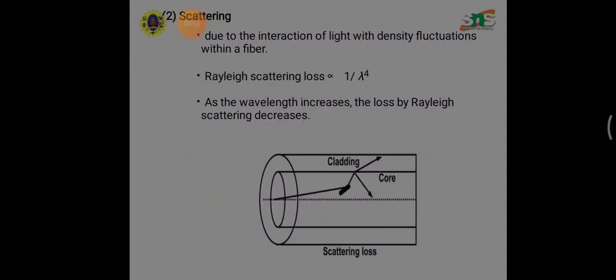Mie scattering is a type of scattering that occurs when the light interacts with particles that are comparable in size to the wavelength of the incident light, such as inhomogeneities in the fiber core or cladding or external contaminants.